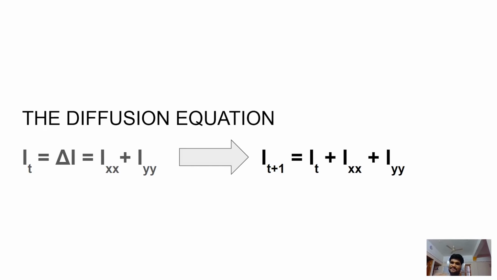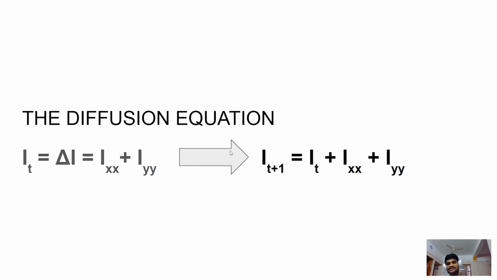It's not simply the change in I_x, it's the change in the gradient of I in the x direction plus the change in the gradient of I in the y direction with respect to time. As the intensity changes, it should be equally changing in both the x and y directions.